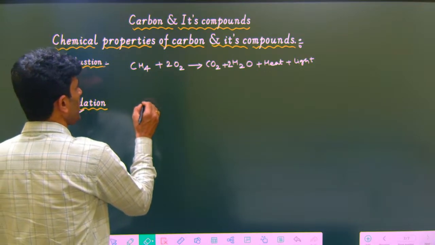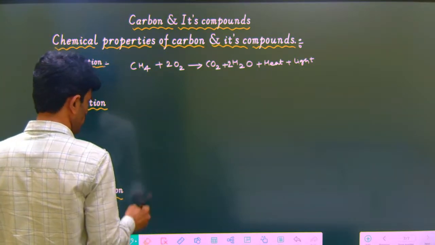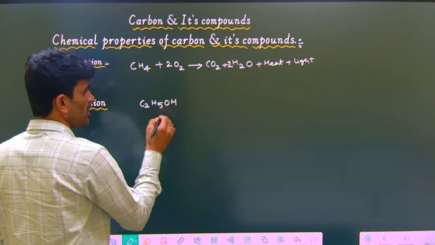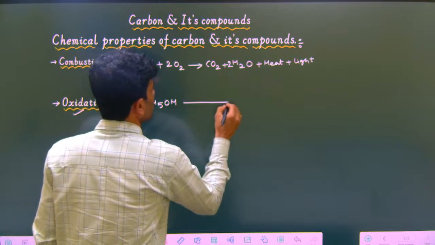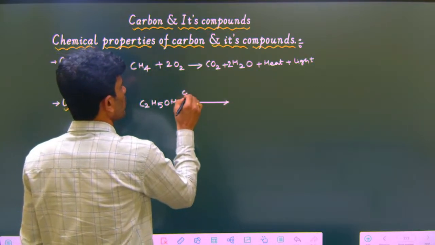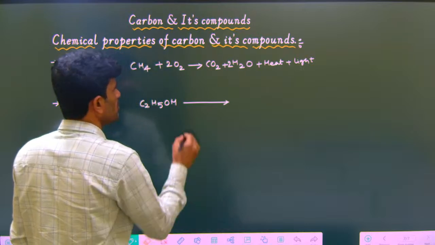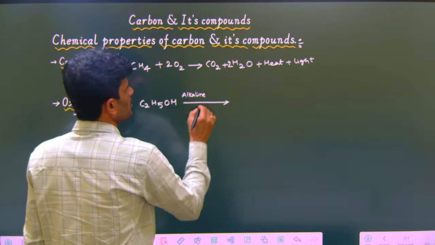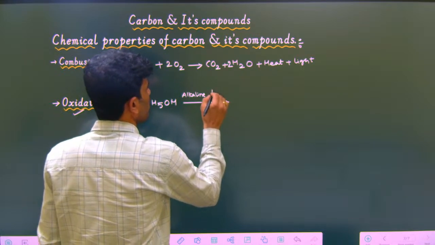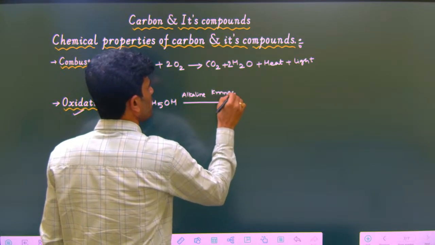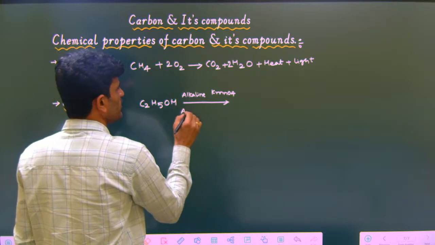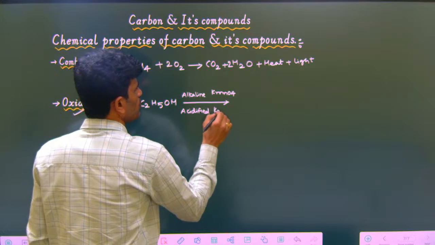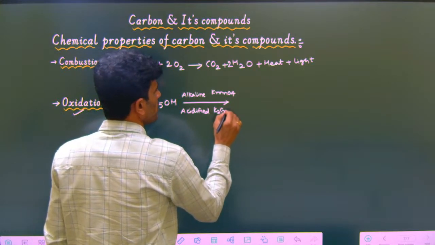For example, we have ethanol, C2H5OH, ethanol or ethyl alcohol, in the presence of alkaline KMnO4, potassium permanganate, or one more, acidified K2Cr2O7, that is potassium dichromate.